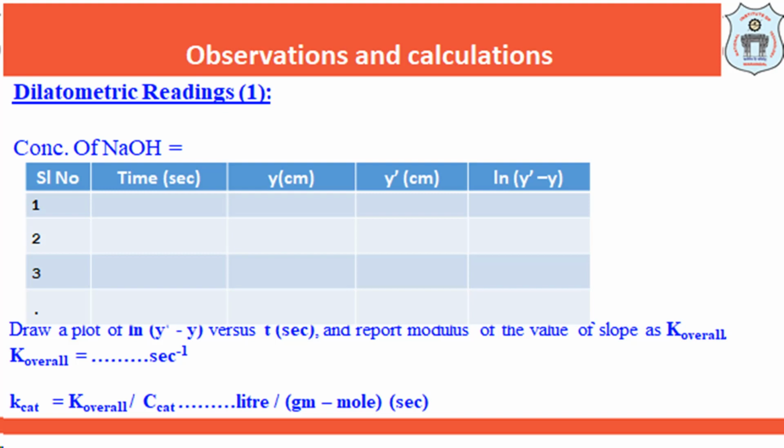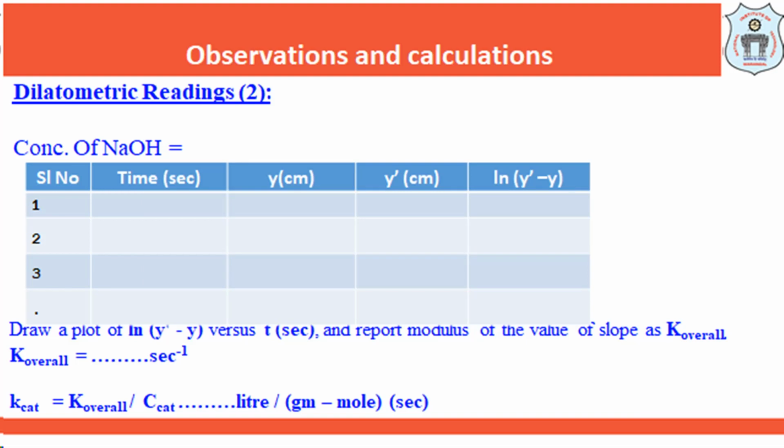Once we note that down, we can find out the ln(Y dash minus Y) values. Once ln(Y dash minus Y) and time are there, we need to plot a graph of ln(Y dash minus Y) versus t and report the modulus of the value of slope as k overall. So the slope that we get by plotting this graph will be the overall rate constant of the reaction. That will be reported in second inverse.